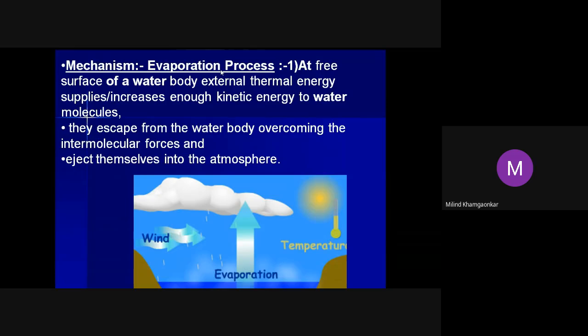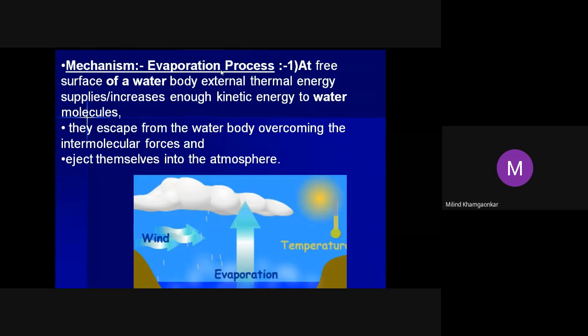As I have told you earlier, evaporation is the conversion of the liquid form to the gaseous form, the vapor form, but below boiling point. The temperature is below the boiling temperature. Then how does the liquid get converted into vapor?